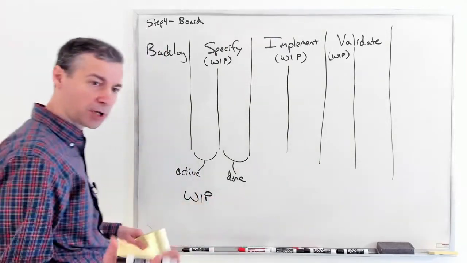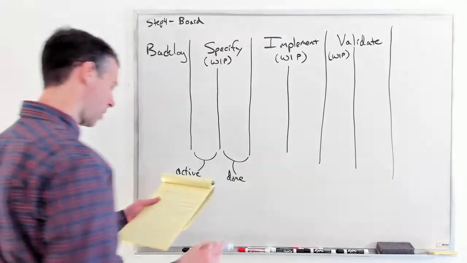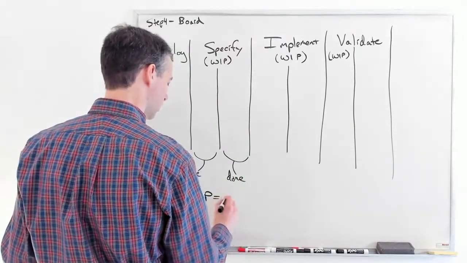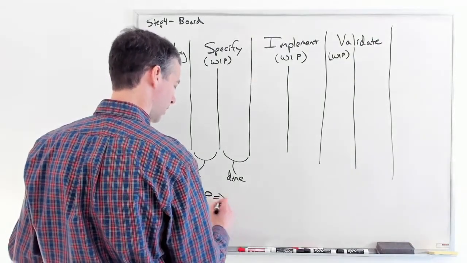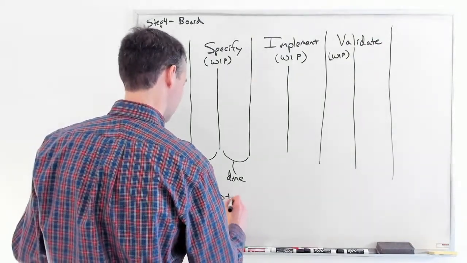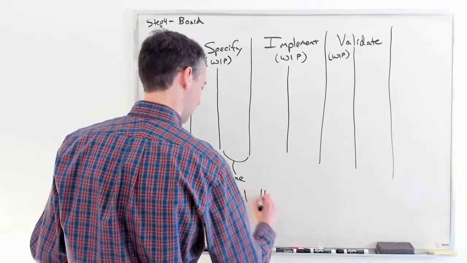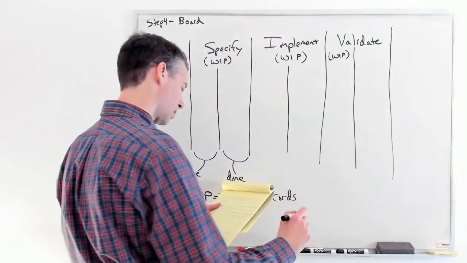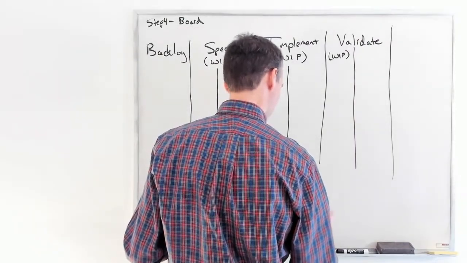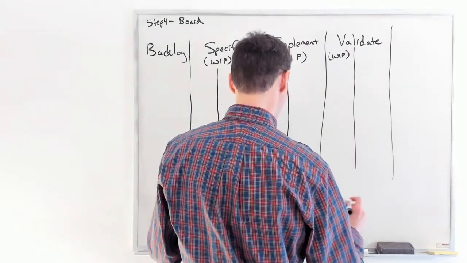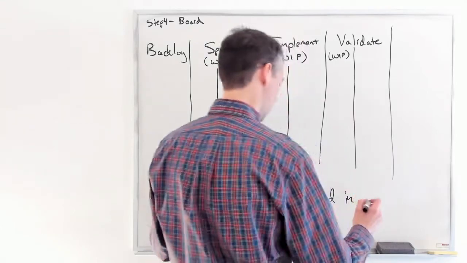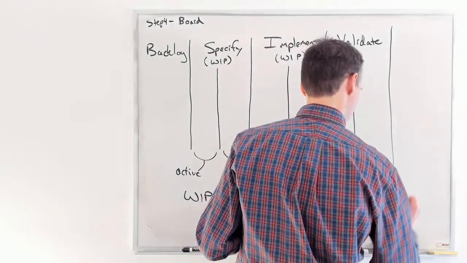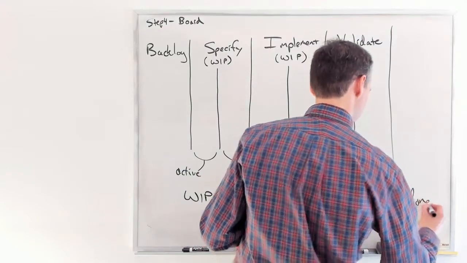Now what is this work in progress, and how does it relate to this? Work in progress is going to tell us the total number of cards, and we're going to use sticky notes or cards, just like in our Scrum board, that are allowed in active plus done.